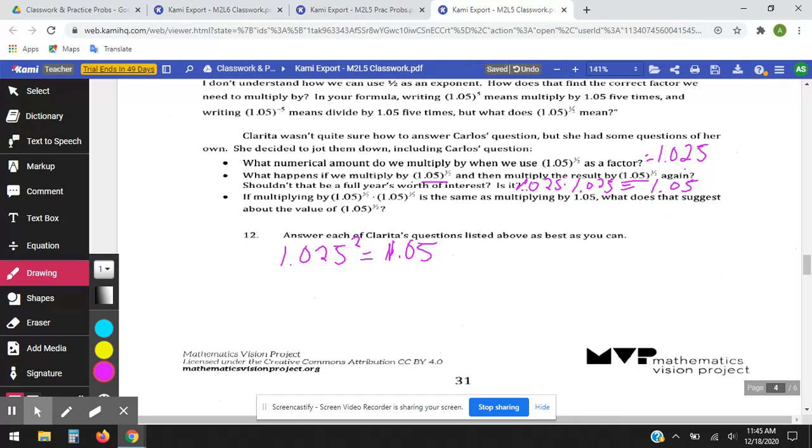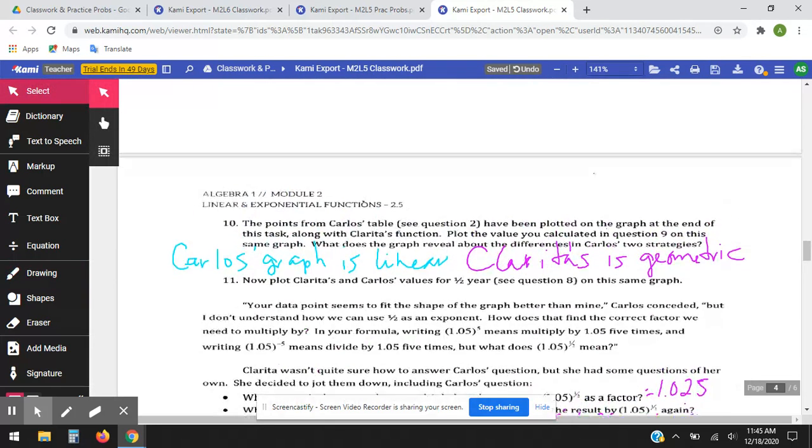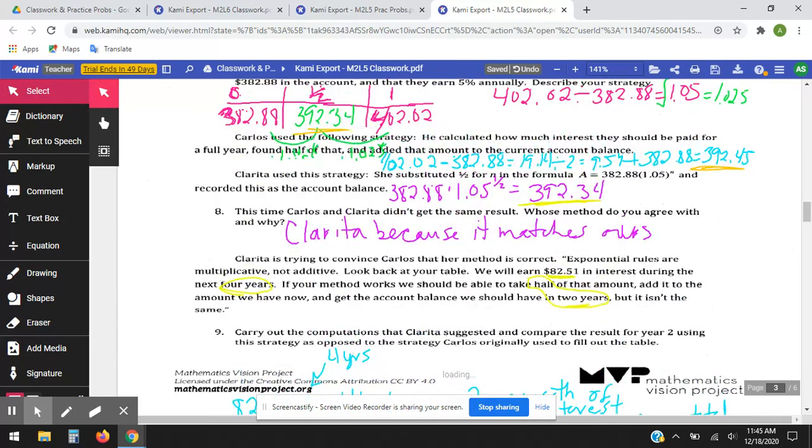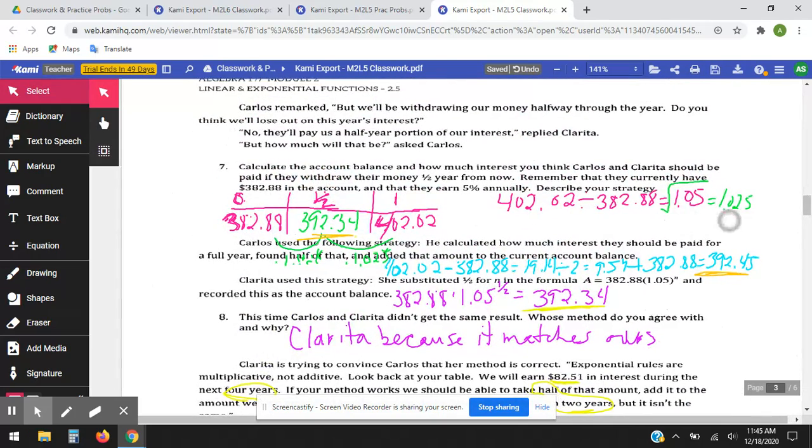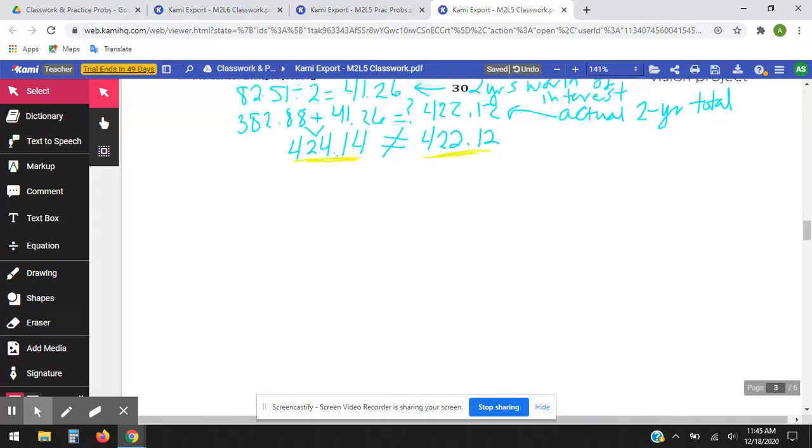How we undo a square is a square root. So that means the square root of 1.05: what multiplied times itself gets me 1.05? 1.025. Actually, if you look back up at our geometric way of solving, isn't that what we got? Square root of 1.05 is 1.025.